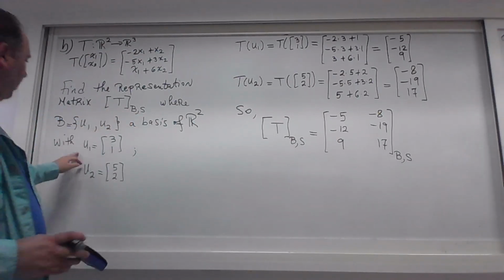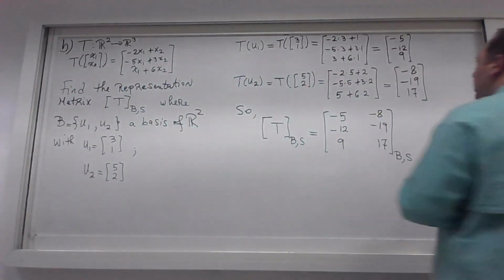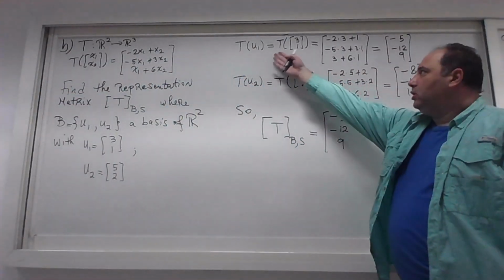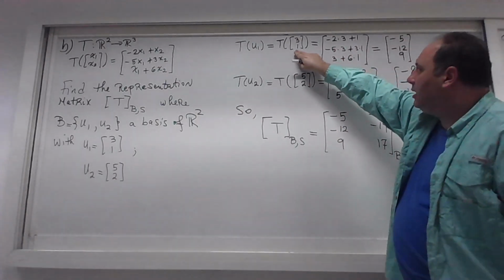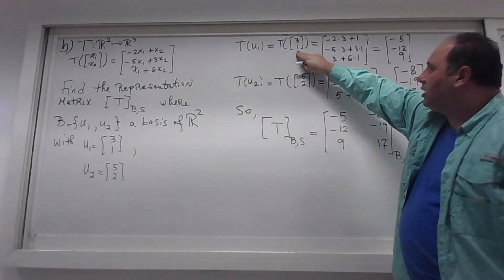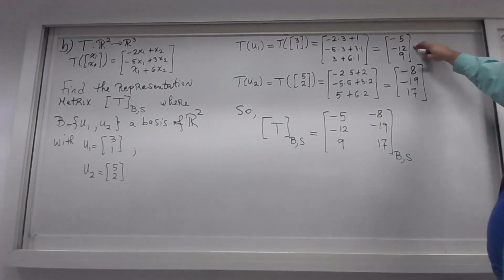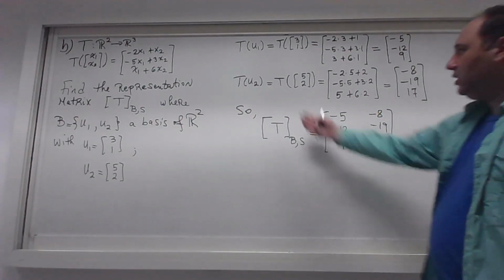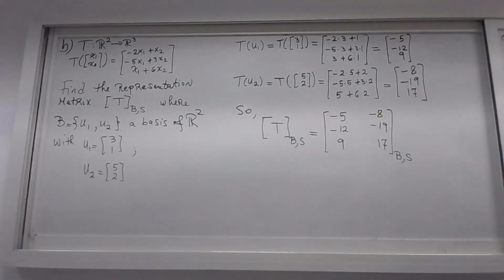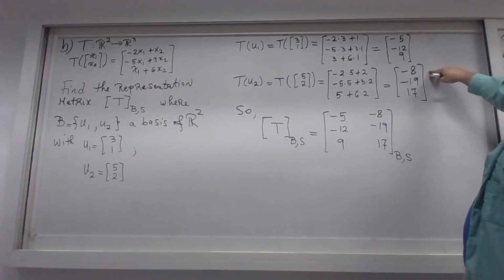So first, we apply T to u1 and then T to u2. Here's the calculation. We apply T to the object, the vector (3, 1), and we get, as a result, an object, a vector in R3. Similarly for the vector u2. So these two pieces are the vectors in R3.